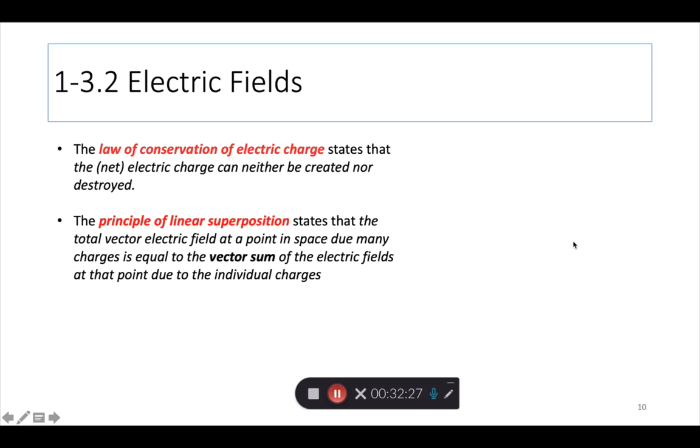A little more here, electric fields. The law of conservation of electric charge states that electric charge can be neither created nor destroyed. I'm sure you've seen this before.